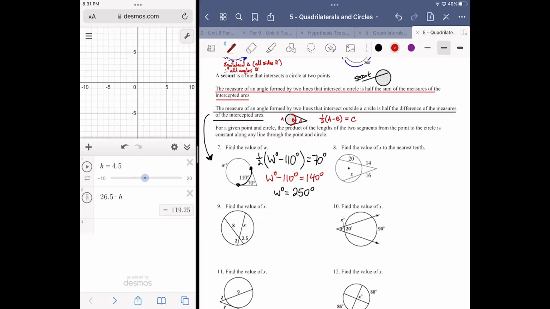All right. So two lines that intersect a circle. That's what's happening here. Let me draw a little arrow. It's going to be half the sum of the intercepted arcs. So in this case, x degrees is going to be equal to 1/2 of 20 plus 90. So that's 1/2 of 110, which is 55 degrees.